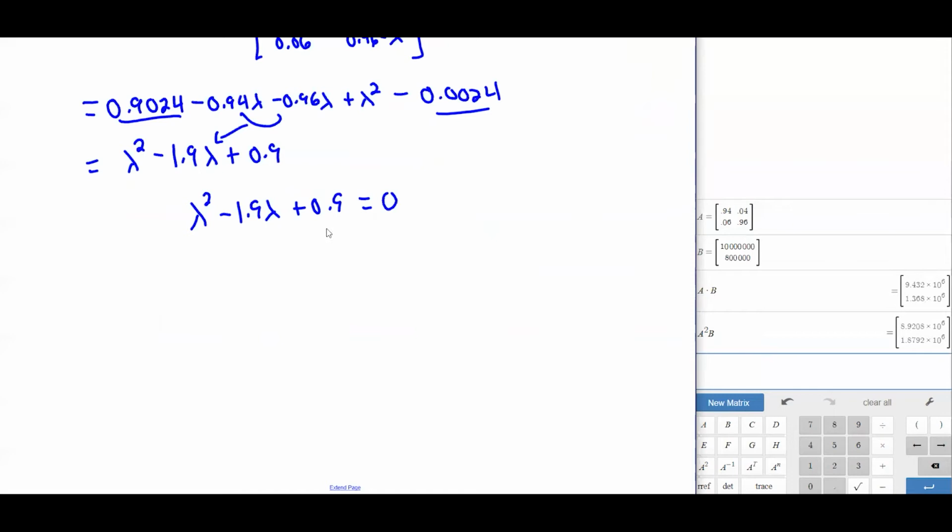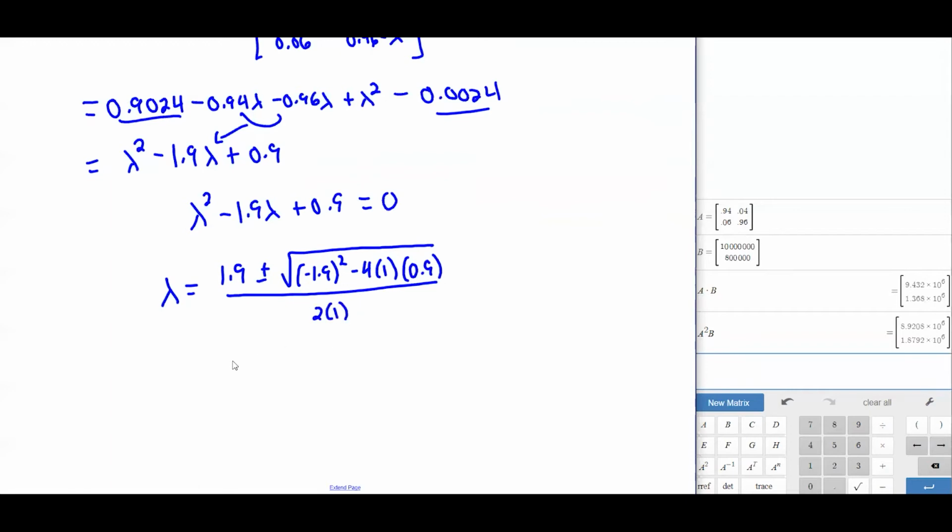We could try to factor it. Let's just use the quadratic formula. So lambda equals negative b plus or minus the square root of b squared minus 4 times a times c, divided by 2 times a.